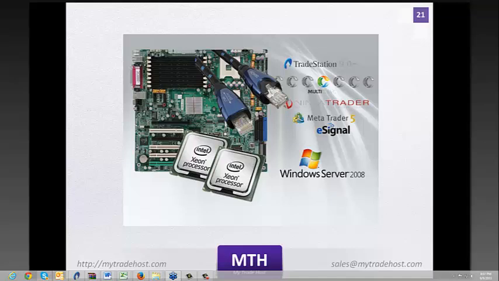Even before we at MyTradeHost hand over the servers to you, we've gone through 30 points of inspection and special configurations according to what you need in your trading, if you're a discretionary or automated trader, and what platform you're running. Software, operating system, hardware, they're all checked, and they're ensured to be running optimally.